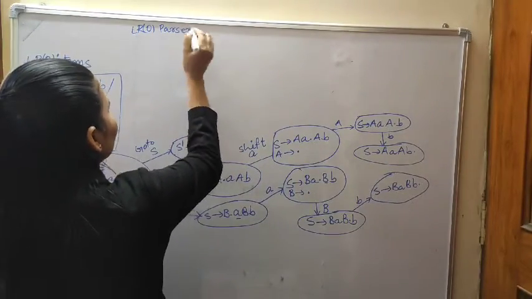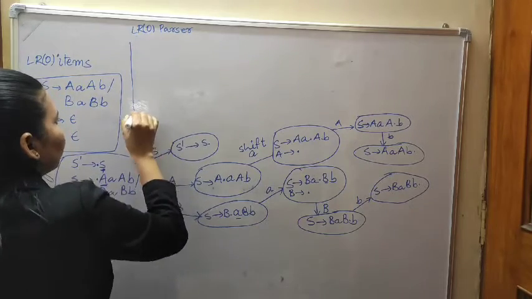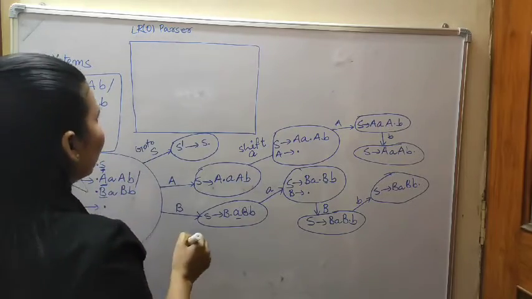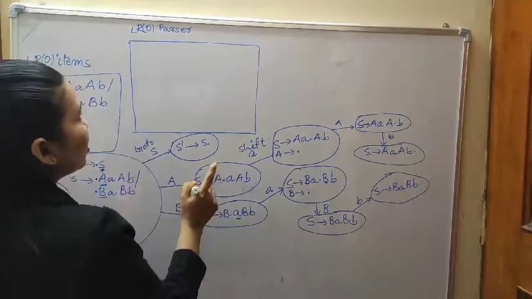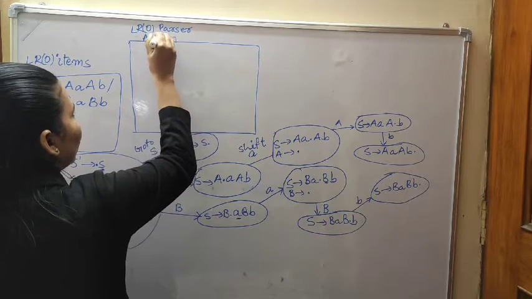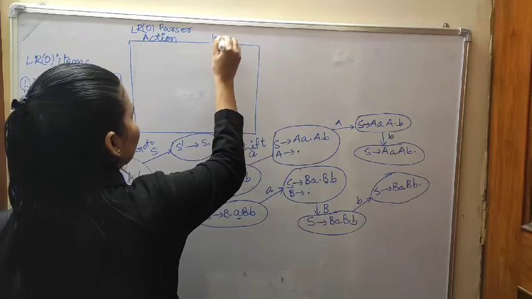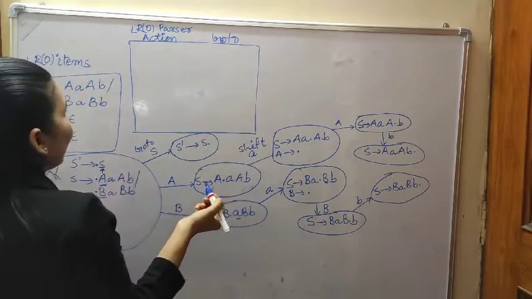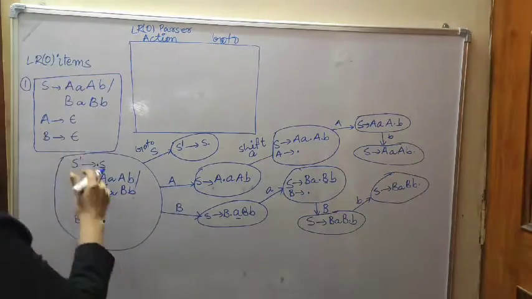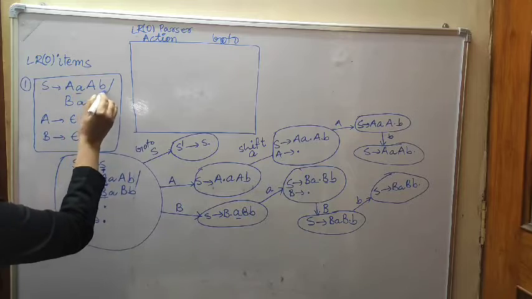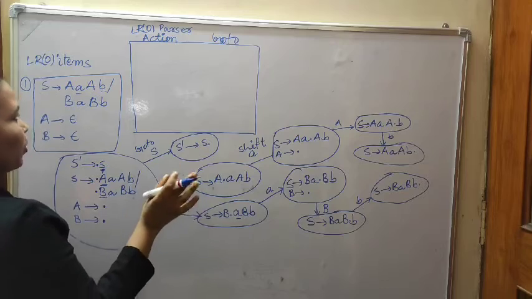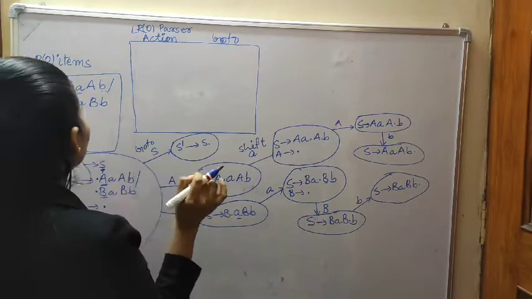Only the parser table is different. Suppose there are two parts in the parser table, the action part and the go-to part. In the action part we will write only the terminal variables. Here the terminal variables are a and b, and another one, dollar. Dollar is the accept symbol. So a, b and dollar.